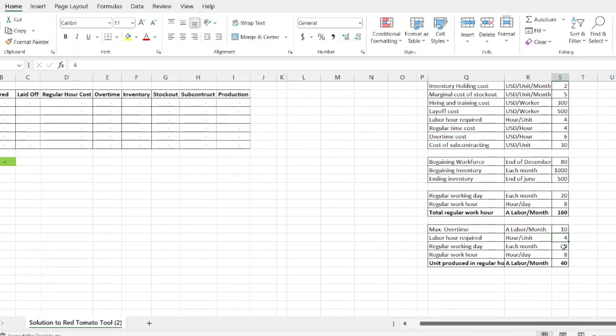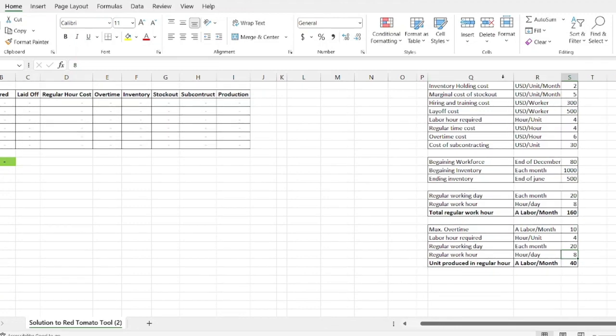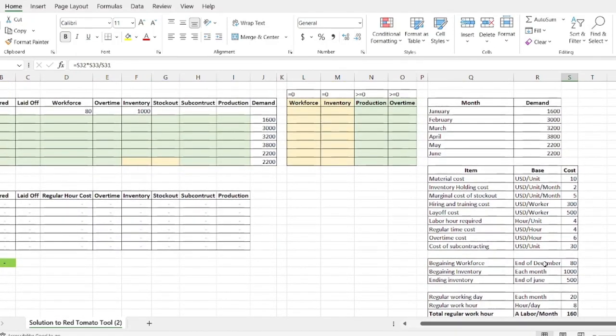Regular working days are 20. Regular work hours are 8. So units produced by an employee in the regular hours, not the overtime: one employee can produce 40 units of product every month.